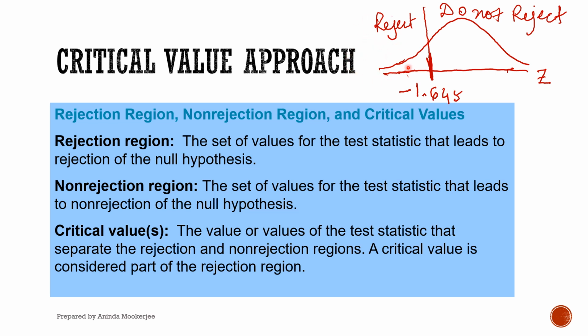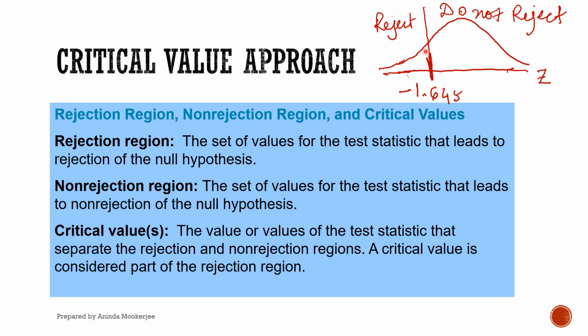If our test statistic falls on the right-hand side of the CV, in the do not reject region, then we will not reject the null hypothesis. The non-rejection region is the set of values for the test statistic that leads to non-rejection of the null hypothesis. And of course, the critical value is the separator.